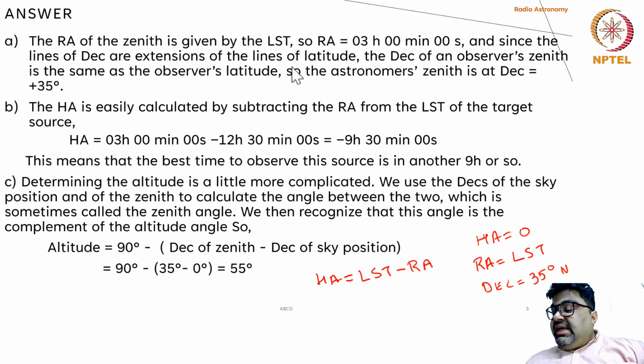So the hour angle is the LST minus the RA, but note that this is minus 9 hours. So that means the source is still about 9 hours away from the transit.